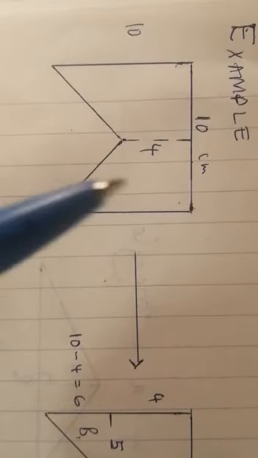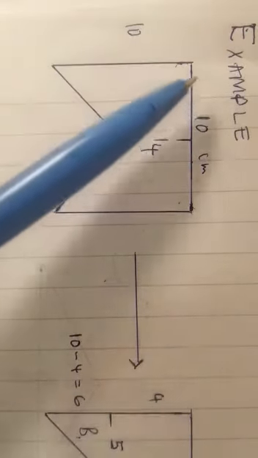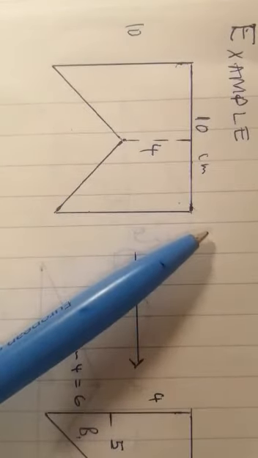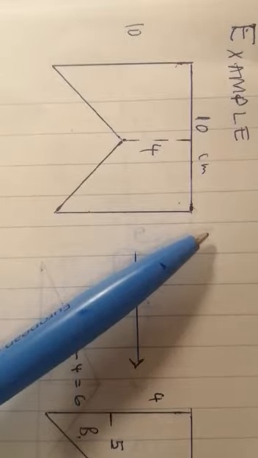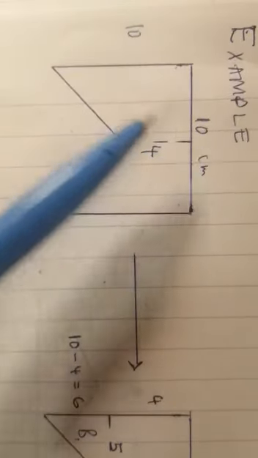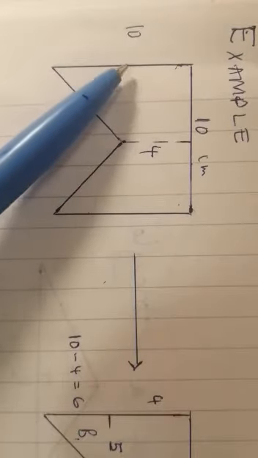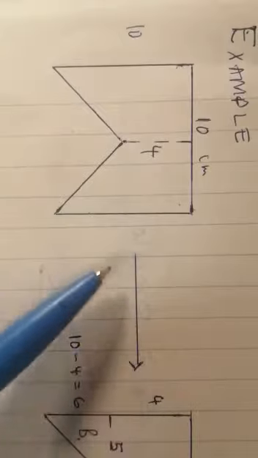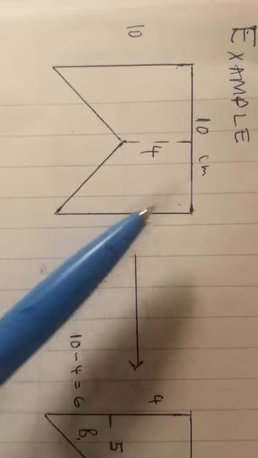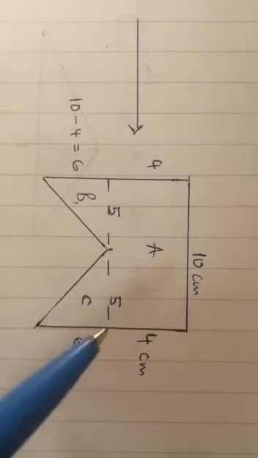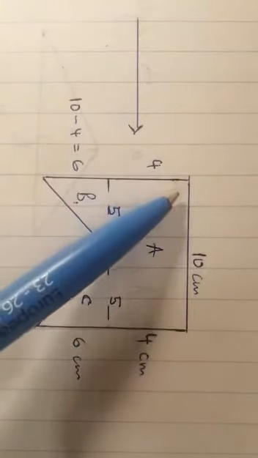So we see that this will be the length of our rectangle. We are given it already as 10 centimeters. And then this will be the width of our rectangle, because it's the same from here up to there and from here up to there. That will mean that the width of our rectangle is 4 centimeters as shown here.